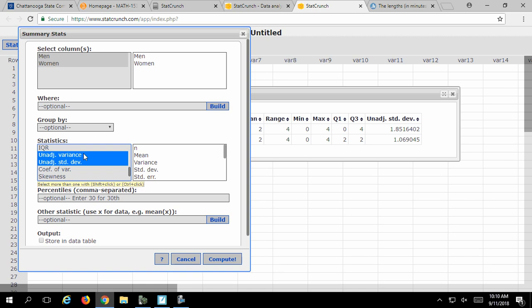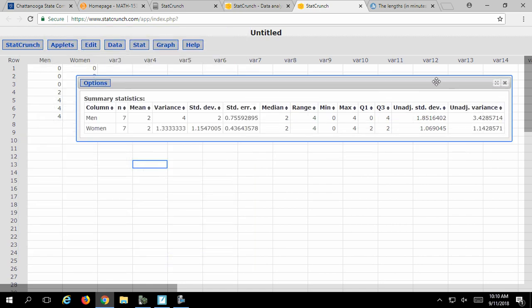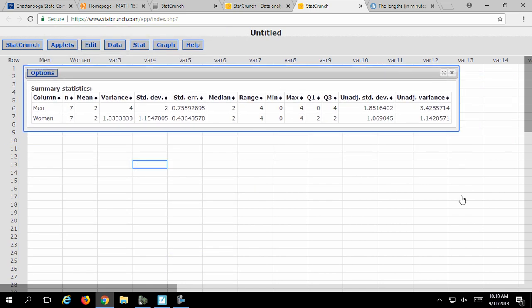So I'm just going to add that on to my list. And I'll get both of these. So when we did that table by hand, we got a standard deviation of 2 and a variance of 4. That's what StatCrunch says it is as well. Okay.